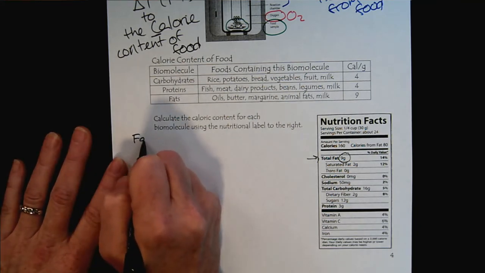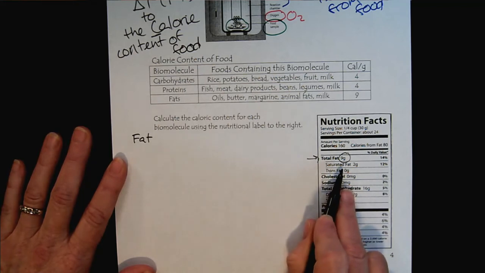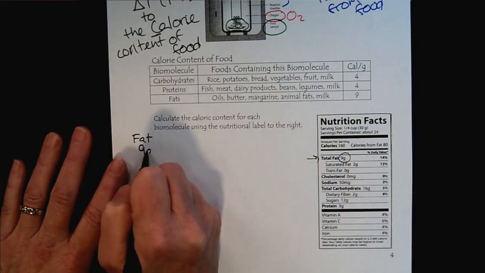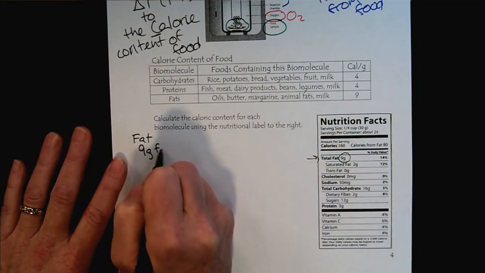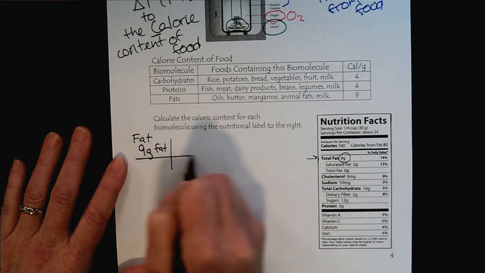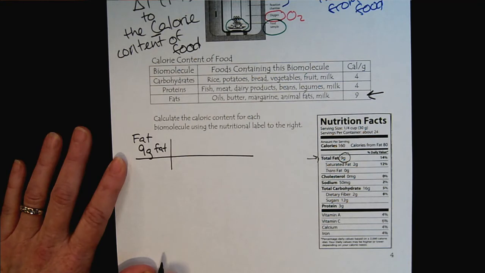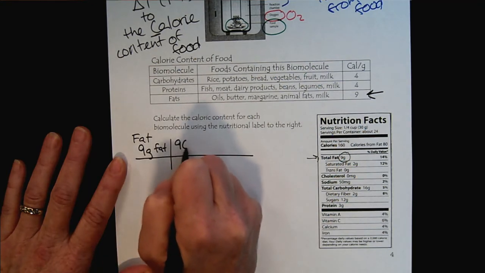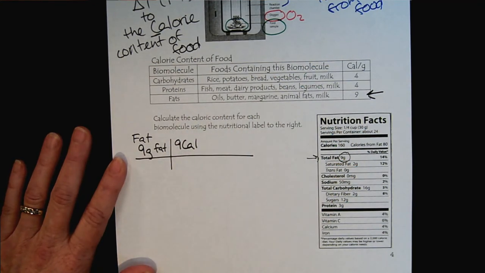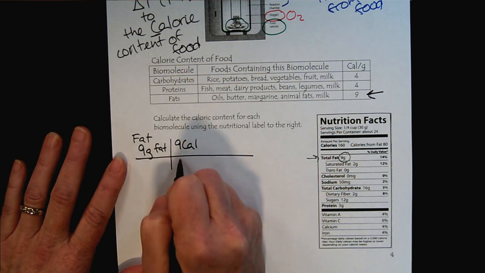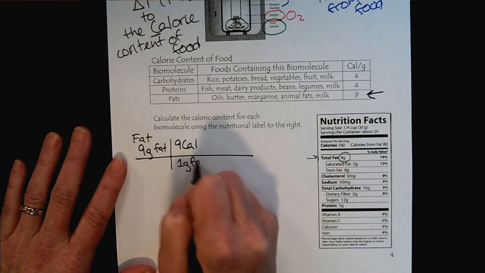So for fats, we start with the number of grams of fat we would have. And then we would look to our table, and our table tells us that there are 9 calories of heat energy for every 1 gram of fat.